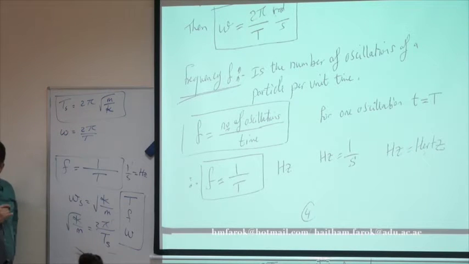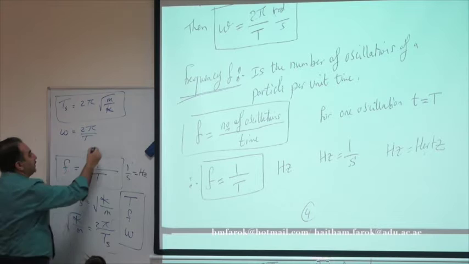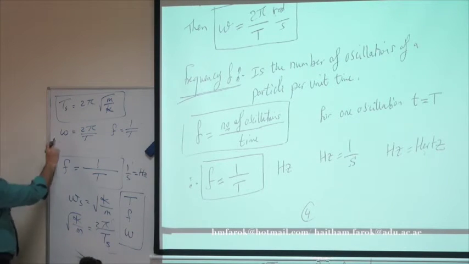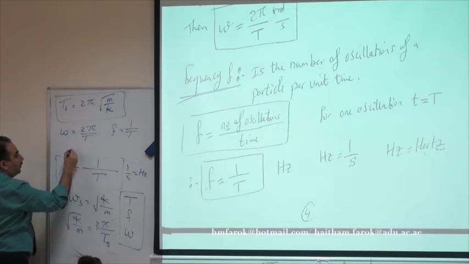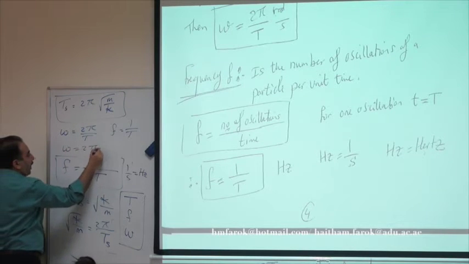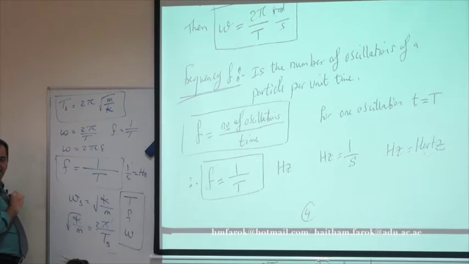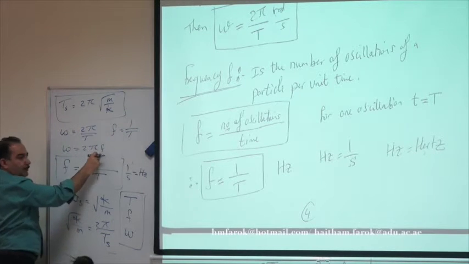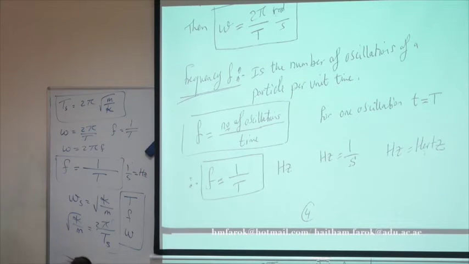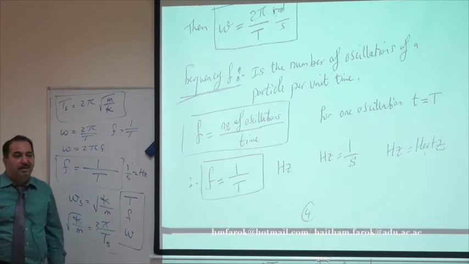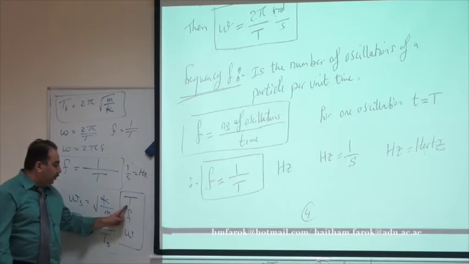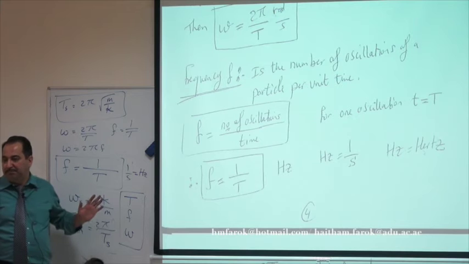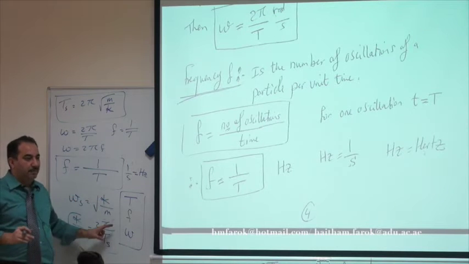Yes. And here we say the frequency is 1 over period. So what is angular frequency in terms of frequency? It's 2 pi frequency, because 1 over T is F. What I want to say is that if you know period or frequency or angular frequency, you must be able to find the other 2. One of them is enough.